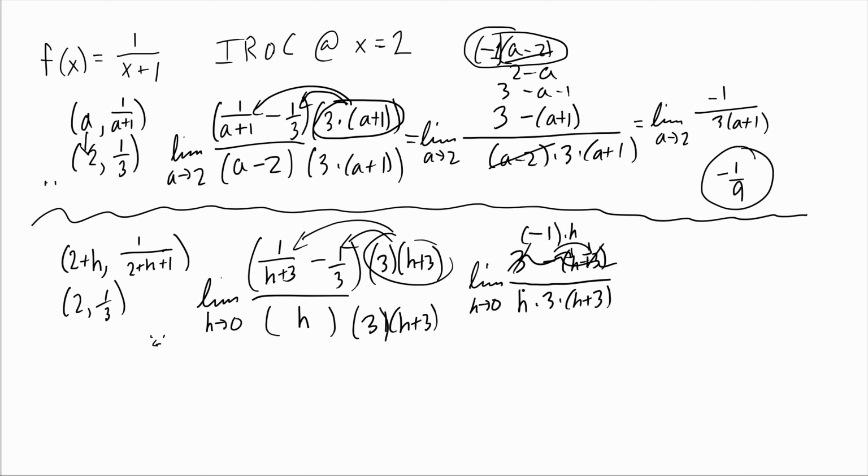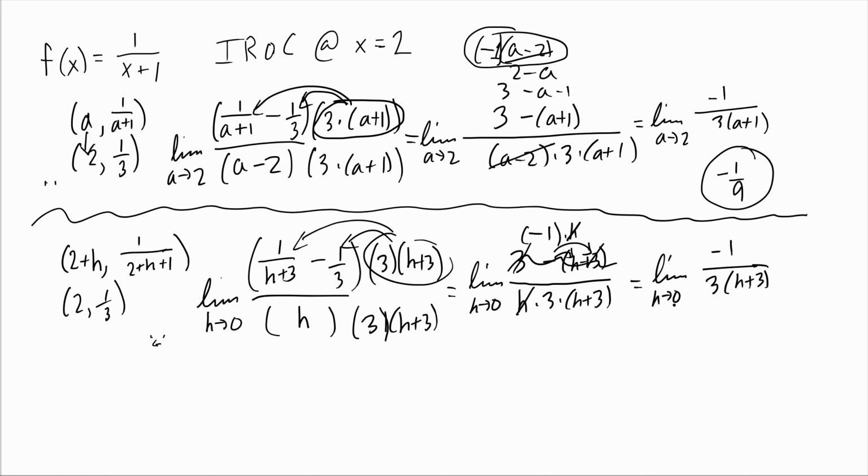So h is a factor of the top and the bottom, so therefore we can cancel when we divide out by h. Division is like eliminating factors. So we can do that if we divide top and bottom by the same thing, by h namely. So we're left with negative 1 on the top. So this is equal to the limit as h approaches 0 of negative 1 all over 3h plus 3.